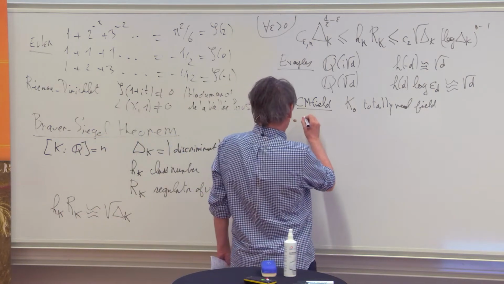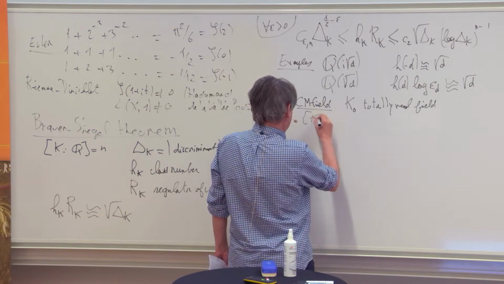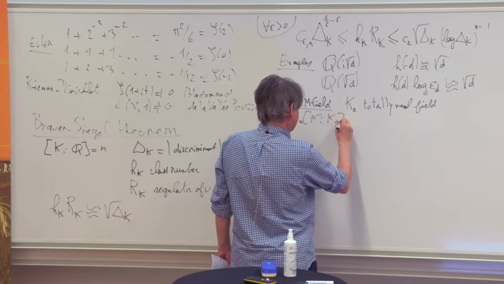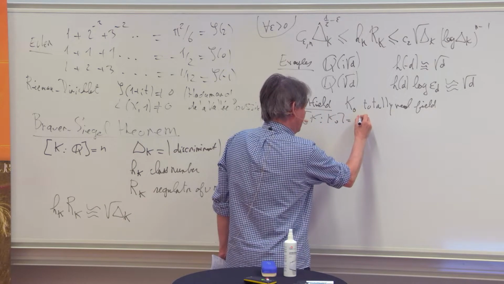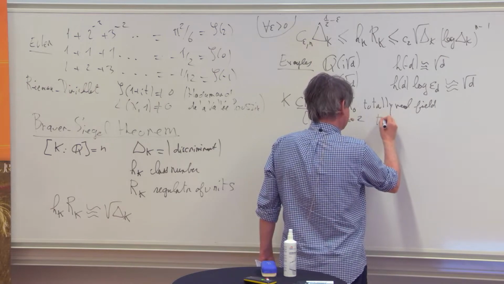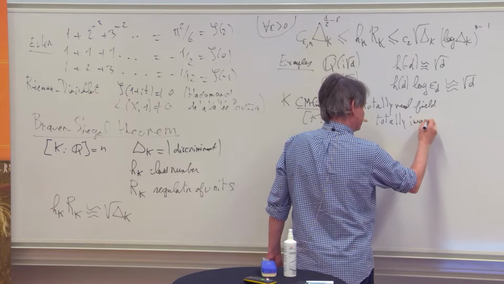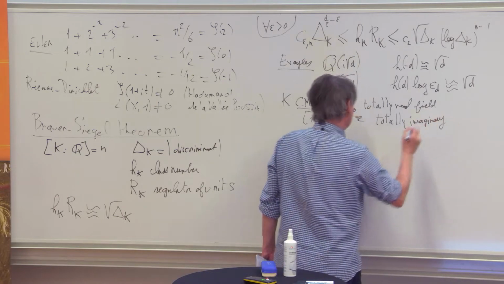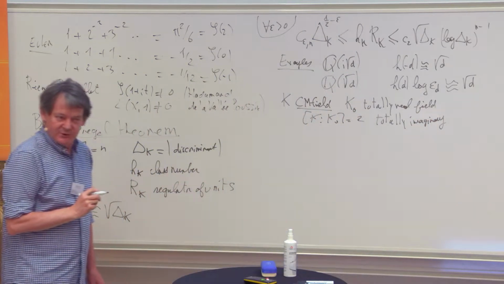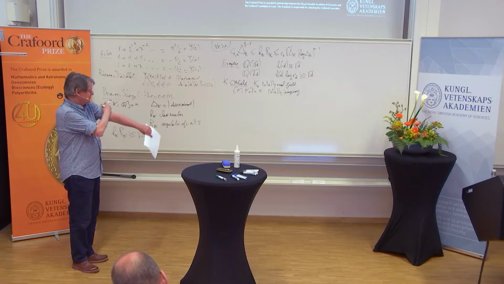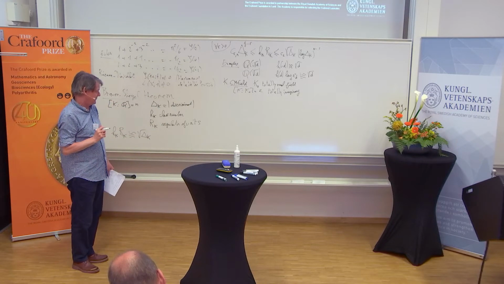And K over K naught is a quadratic extension, and that is totally imaginary. So there are many reasons to look at those fields. I will mention one further on.